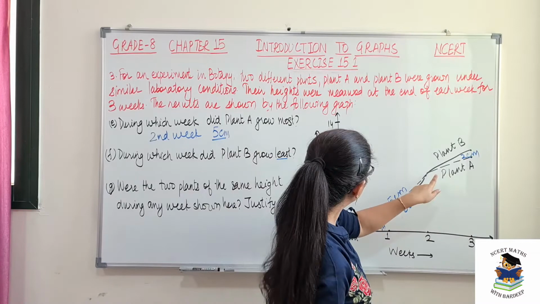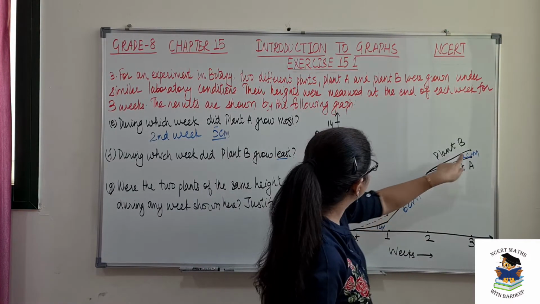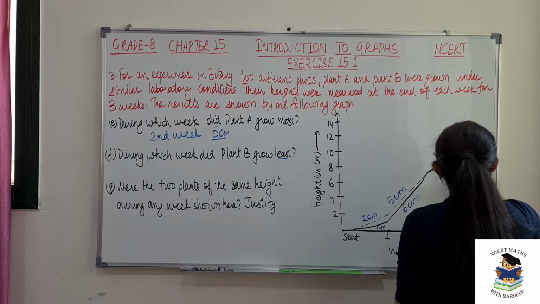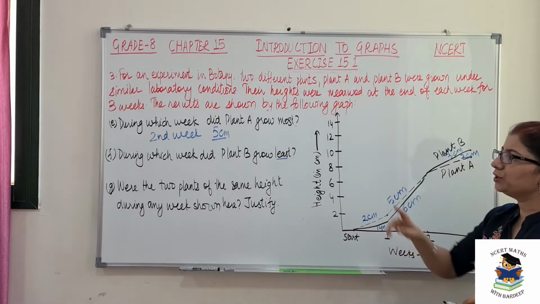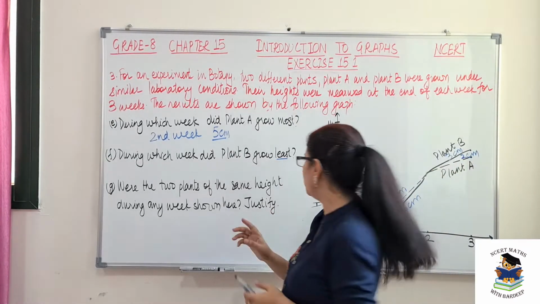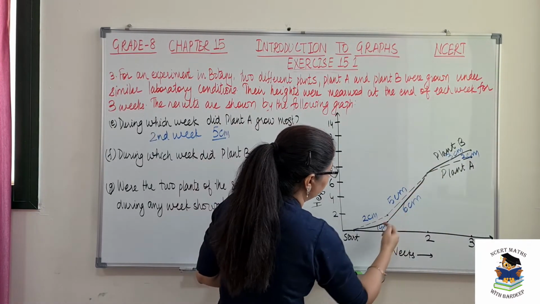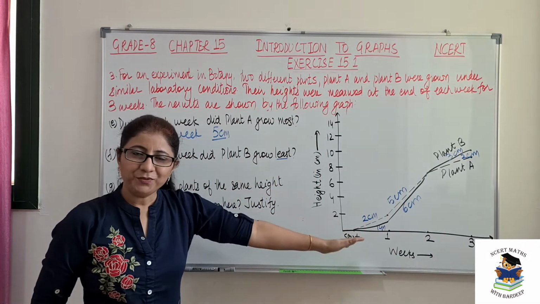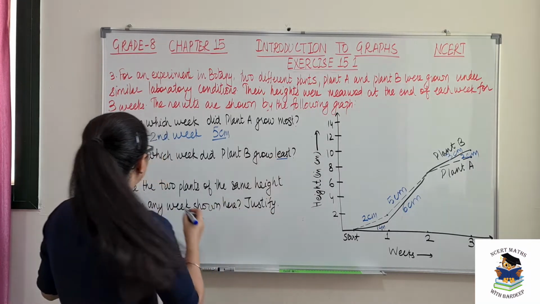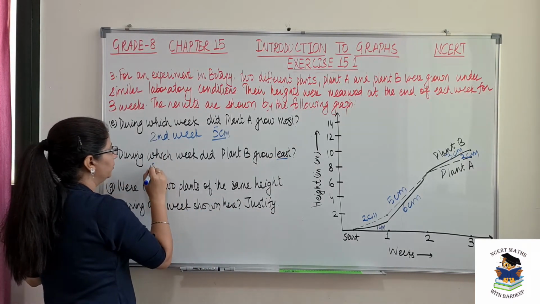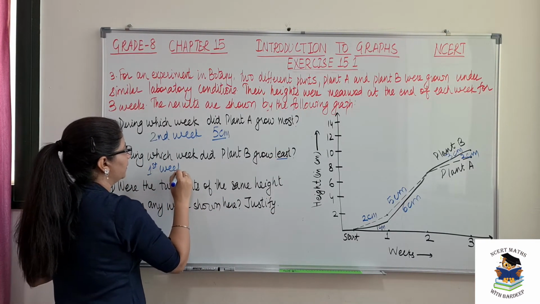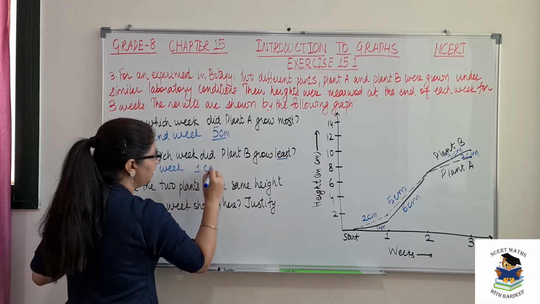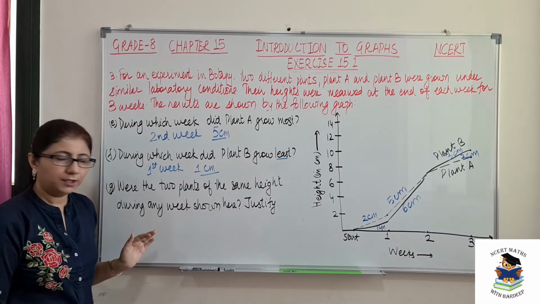And during the third week, this is increased from 7 to 10, that is 3 centimeter. So least growth means minimum value out of these 1, 6 and 3. So during the first week, growth is least. So we will say first week, and only 1 centimeter growth is there.